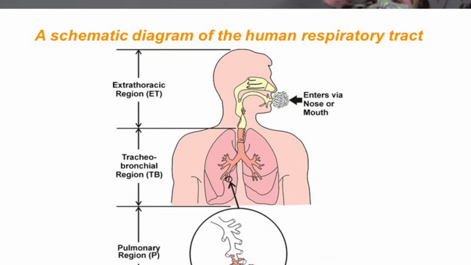And then going deeper down, you get into the midsection, which is the tracheobronchial region, and within the branches of the bronchi, we have the alveoli, which are the small sacs in the pulmonary region, which is shown in the bottom within a big circle.